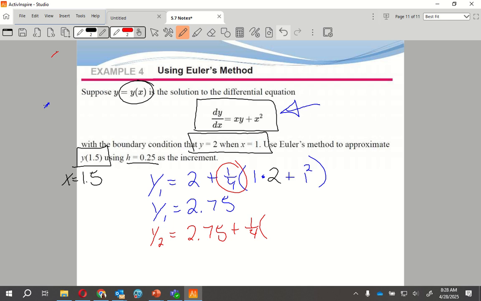My x is going up every time. So if this was 1, my next one's going to be 1.25 times, what's my new y value? 2.75 plus 1.25 squared.